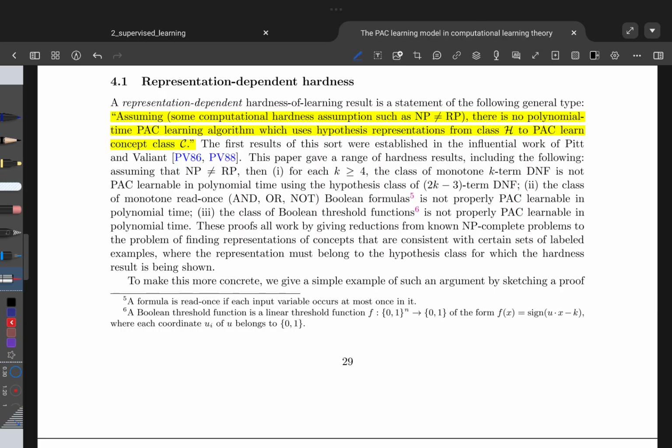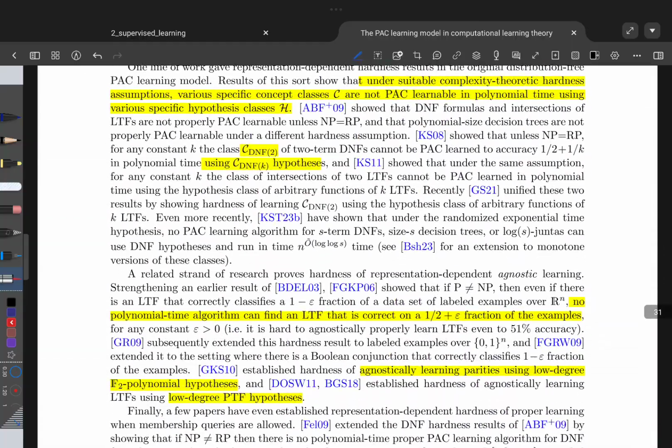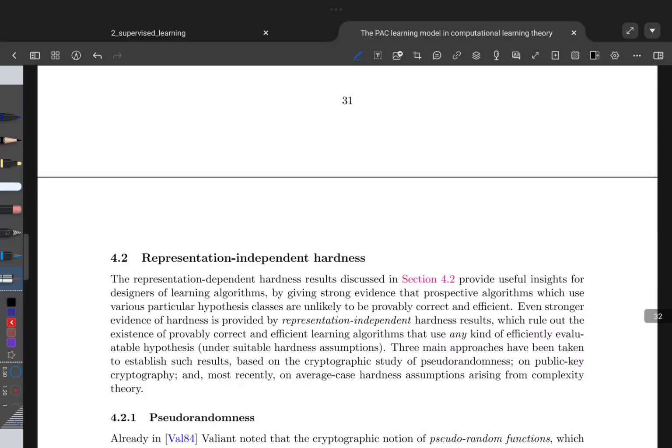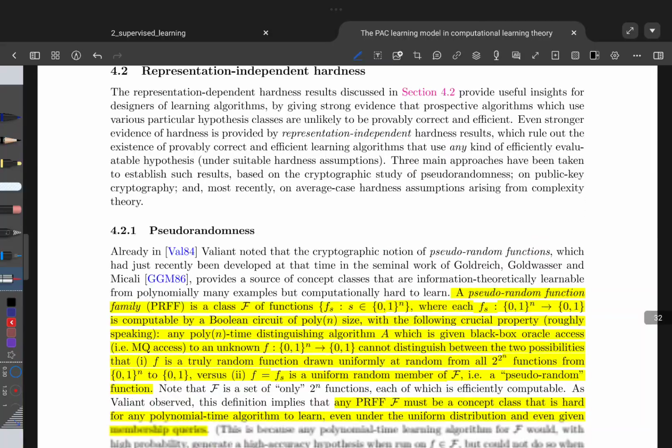So the kind of results in this area assume some computational hardness assumptions, something like P not equal to NP or NP not equal to RP. You can say that there is no polynomial time PAC learning algorithm that learns H efficiently. And there are various such results known for these very specific functions, k-DNFs, k-CNFs, and so on.